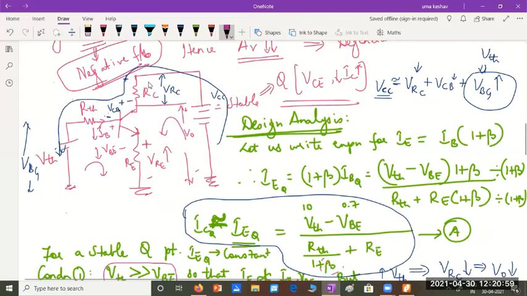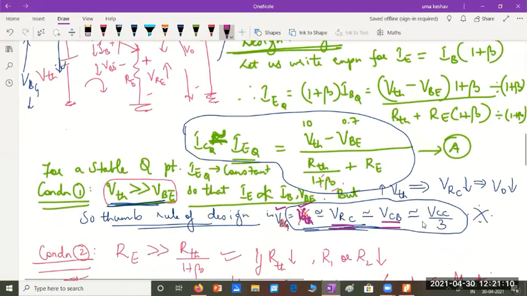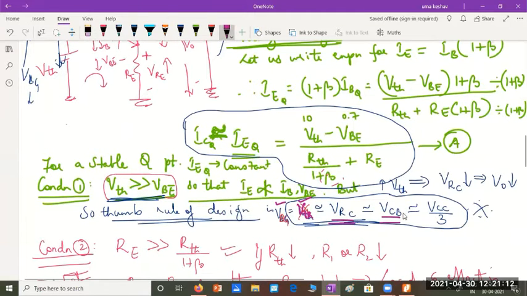I showed you this voltage, and this voltage. All three voltages should be almost equal, and each should be 1/3 of the supply voltage VCC. That we called the thumb rule. That is the first rule when we design the amplifier. Whenever we design a voltage divider bias circuit, we'll use this rule commonly.